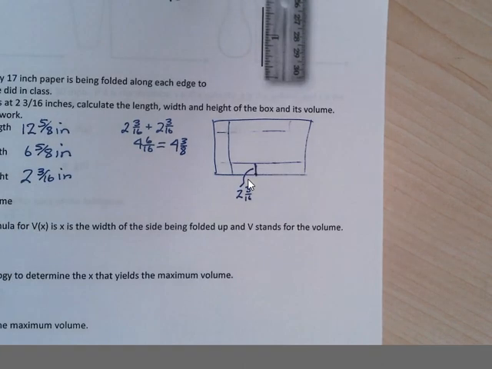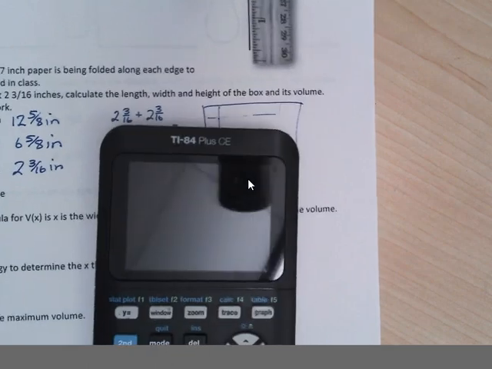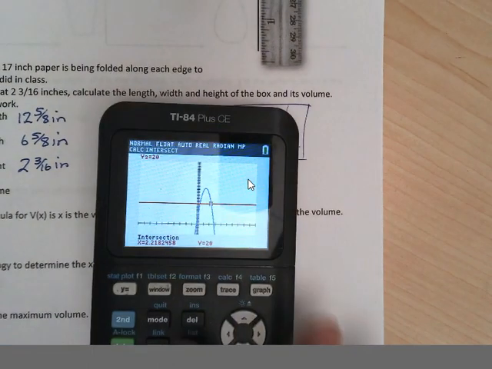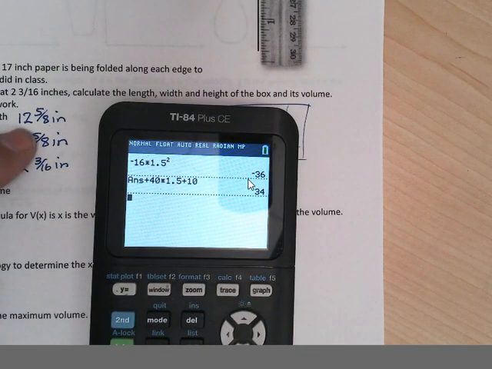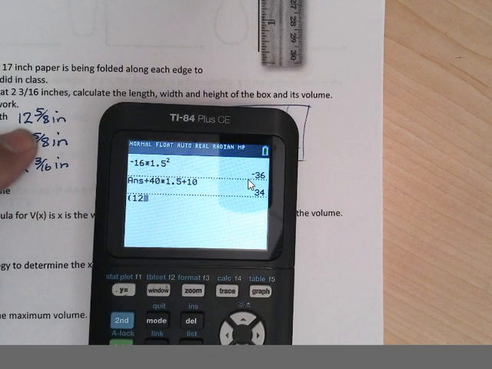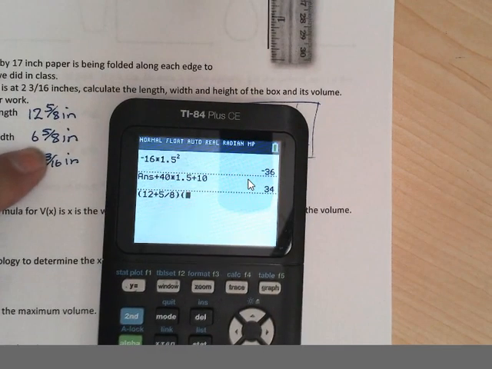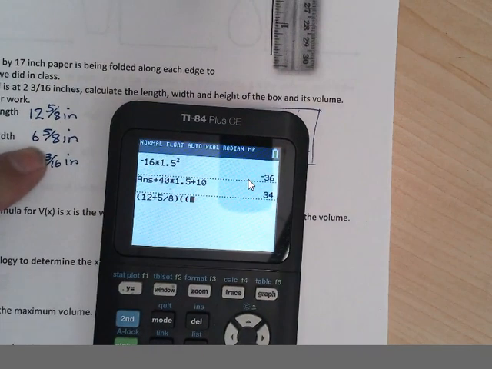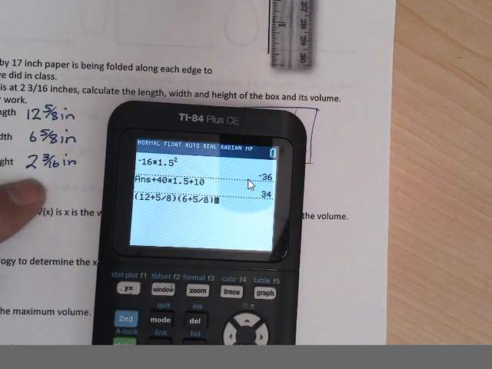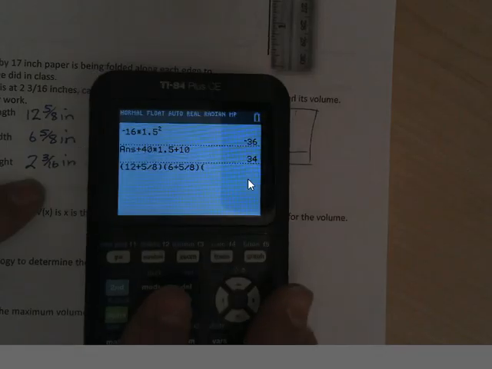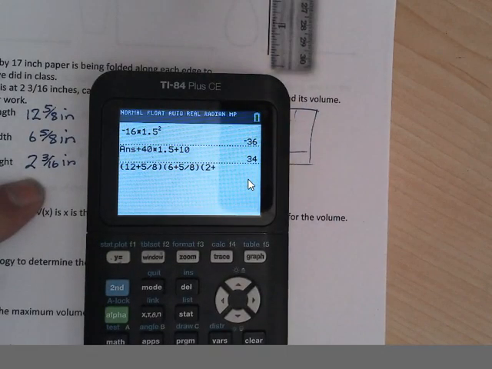And the volume is going to be those multiplied. So it's going to be parenthesis 12 plus 5 divided by 8, or 10 divided by 16, times parenthesis 6 plus 5 divided by 8, times 2 plus 3 divided by 16.